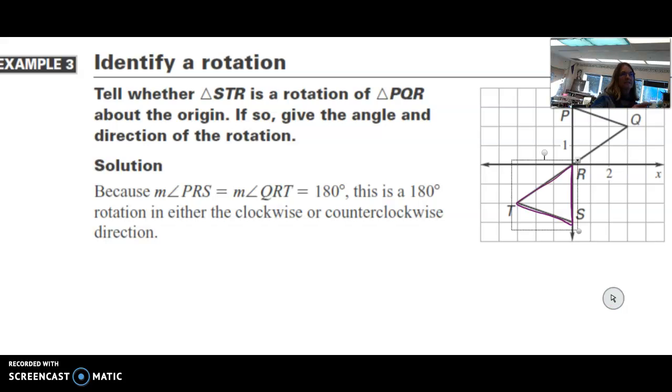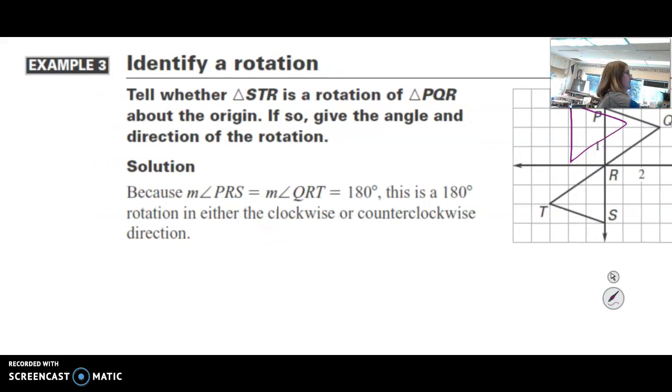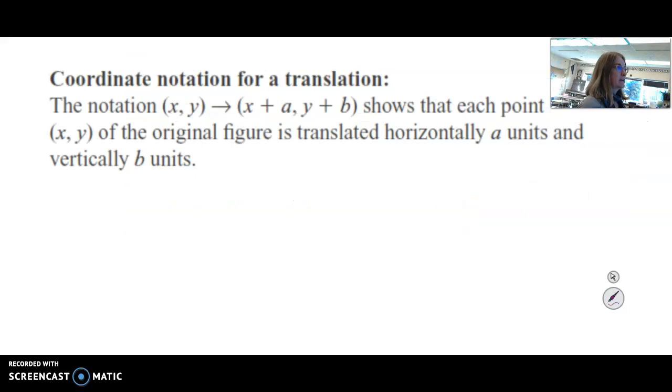I was going to see if I could get the smartboard to allow me to rotate about that point, but this is a 180 degree rotation. Notice this green dot was facing up, now it's facing down. If you're going 180 degrees, it doesn't matter if you're going clockwise or counterclockwise, so that's why it says either or. If it's a smaller rotation than 180 or bigger than 180, then you'd have to determine clockwise or counterclockwise.